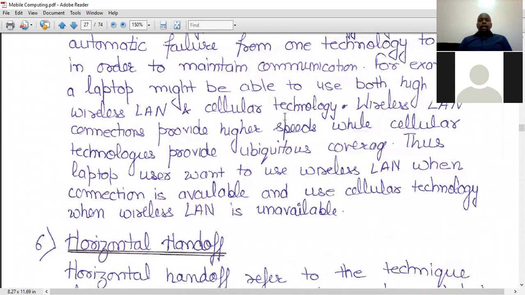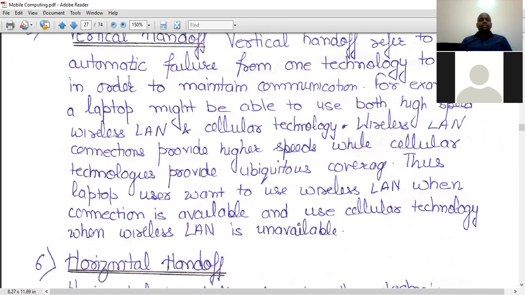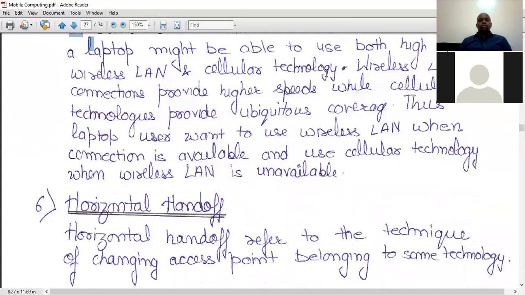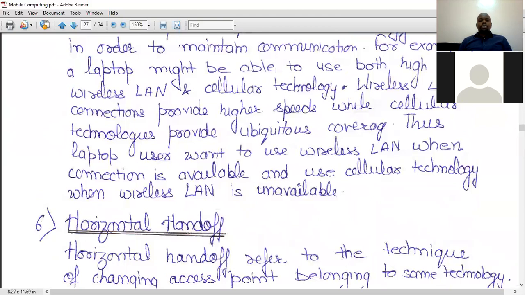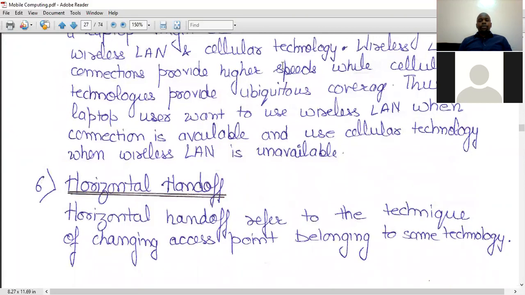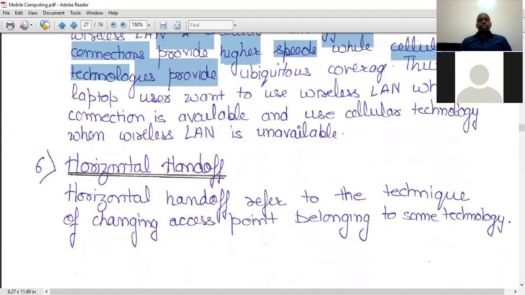Now, we can actually read here, it refers to the automatic fail over from one technology to another in order to maintain communication. For example, a laptop might be able to use both high-speed wireless LAN and cellular technology, where wireless LAN connections provide higher speed.